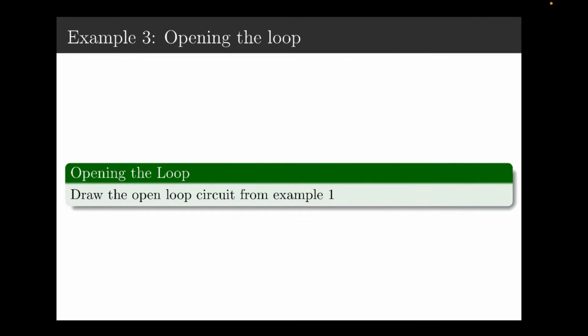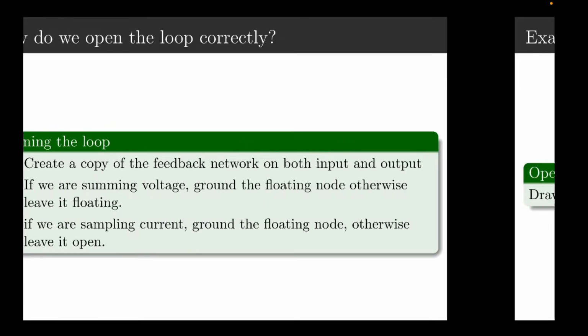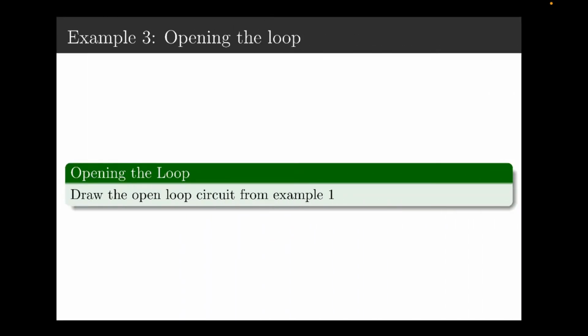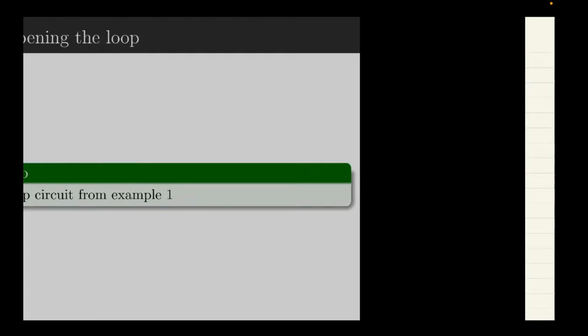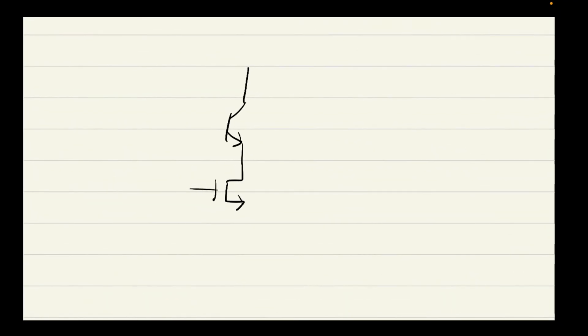Okay, draw the open loop circuit for example 1. I don't think I'm going to get away with using the image over there, so I'm just going to have to do that. I'll omit the current mirror for now, and I'll just draw the rest of the circuit. Whatever's on this side of the circuit doesn't matter, sort of.